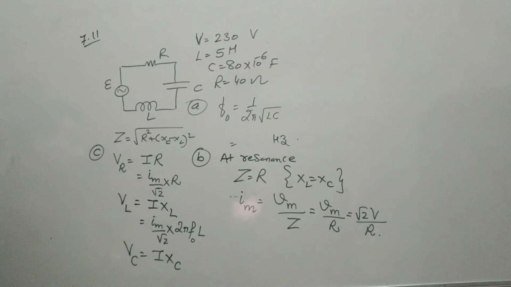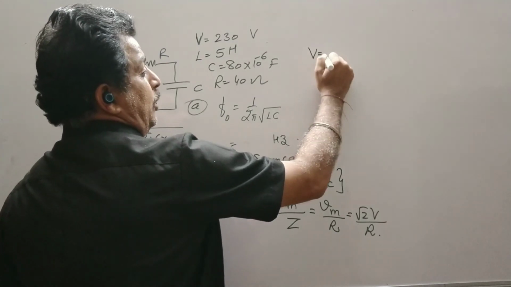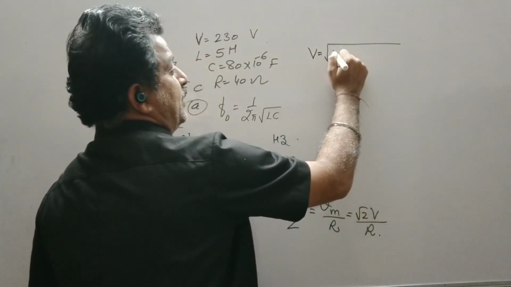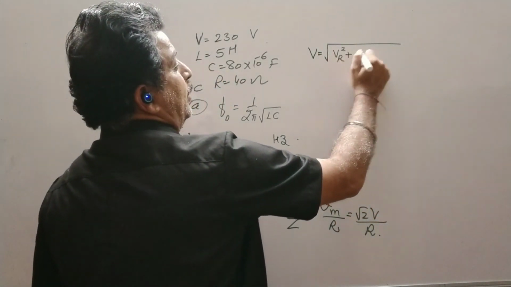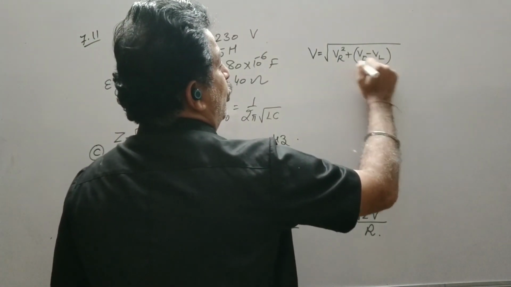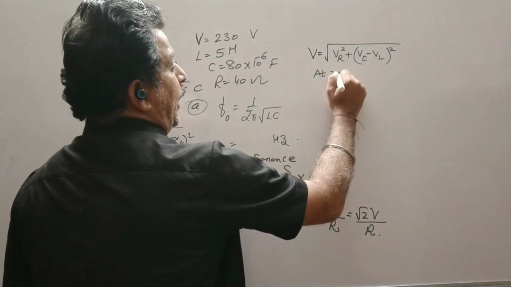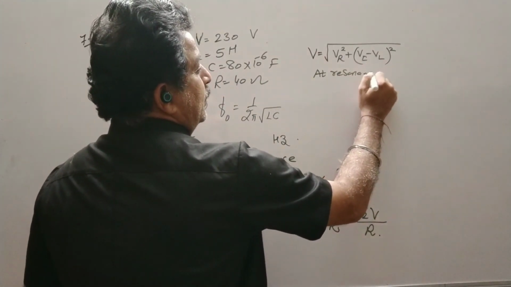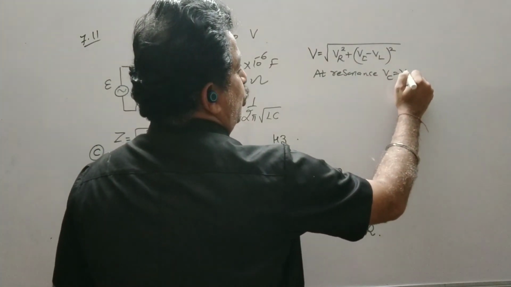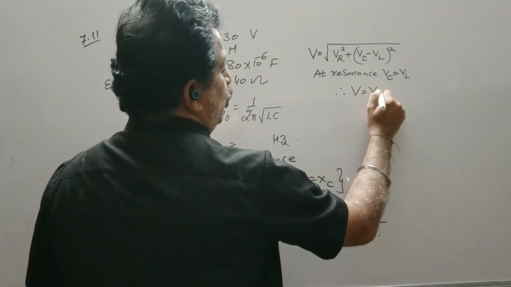This theory we have discussed: the resultant voltage Vrms is equal to the square root of VR square plus (VC minus VL) whole square, and at resonance VC is equal to VL, and therefore your V is equal to VR.